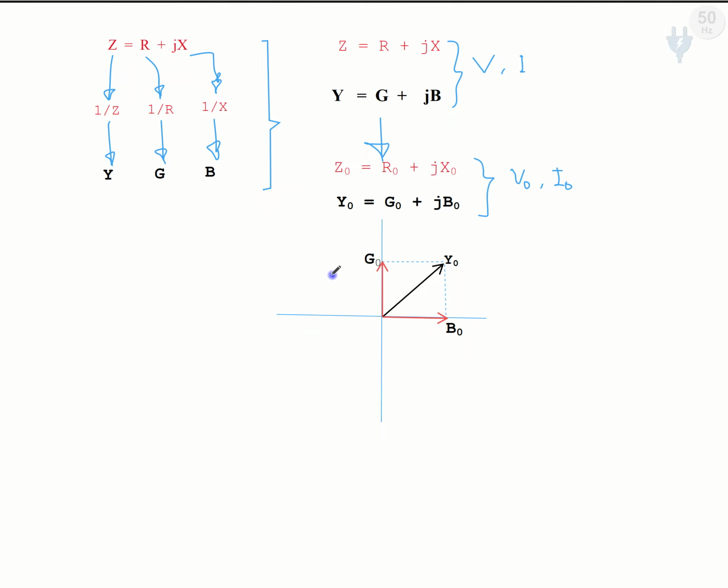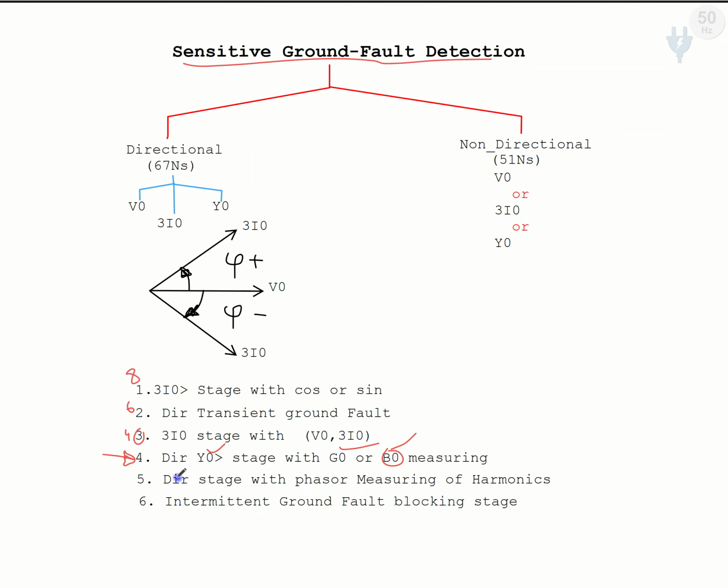Now let's understand how these values are used to calculate the direction and how the system works by using the method of Y0, G0 measuring or B0 measuring.